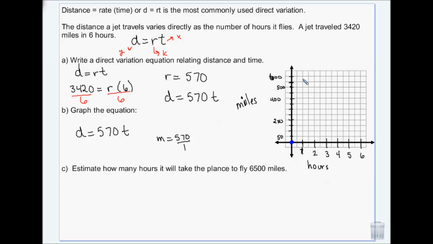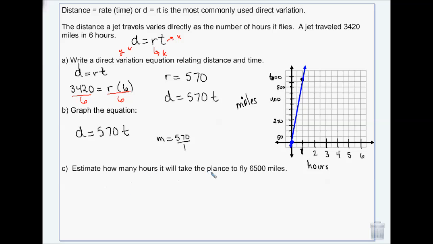And then over 1. So it's going to be about there. And then I connect my dots. So that's the graph of this distance equals rate times time direct variation for airplanes.